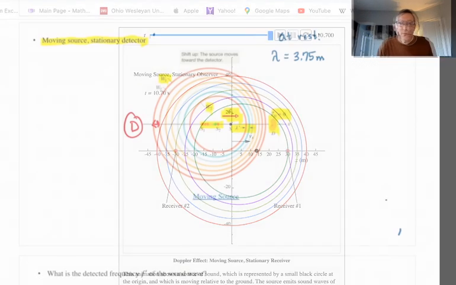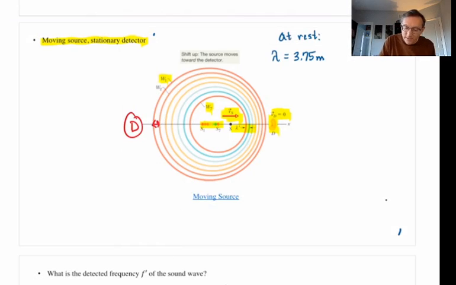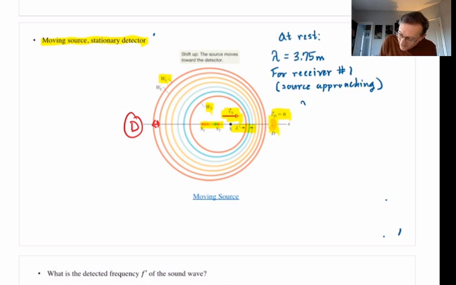So, let me go back here so I have my screen. And we'll put here, for receiver number 1, that's the one where the source is approaching the receiver, what's the detected wavelength, lambda prime?